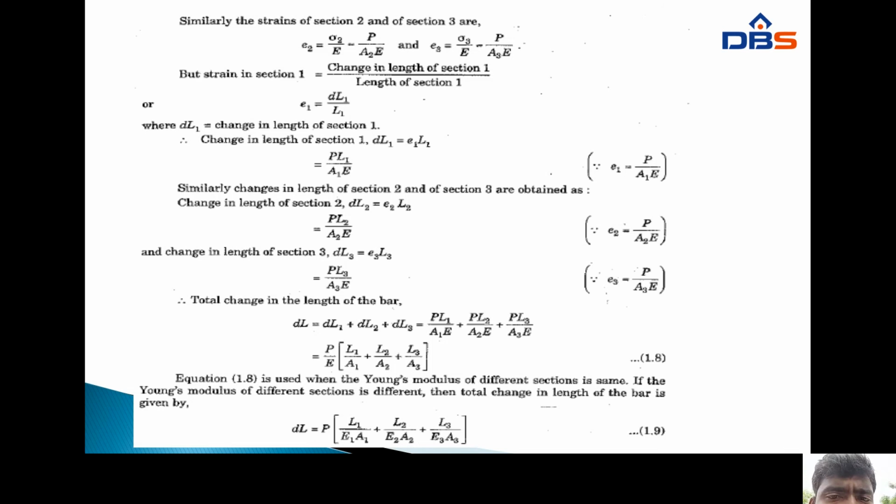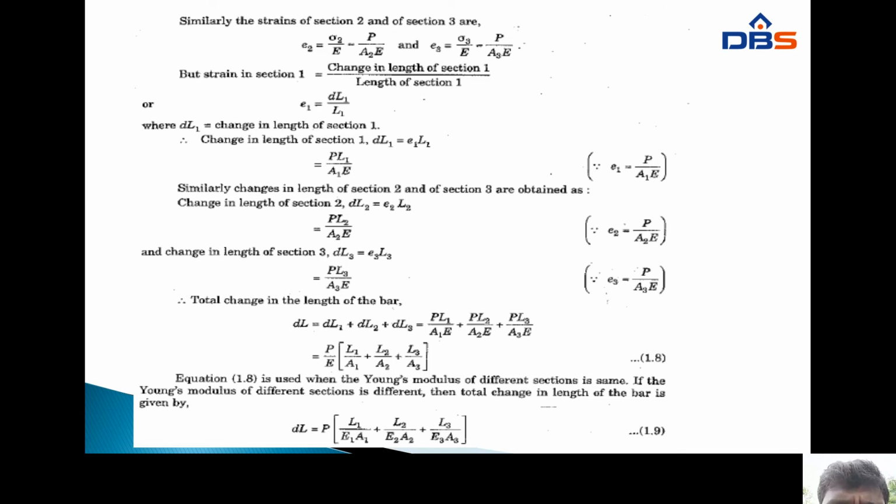Total change in length of the bar, dl, equals dl1 plus dl2 plus dl3, which is PL1 by A1E plus PL2 by A2E plus PL3 by A3E. In this equation, P and E are common terms, so dl equals P by E into L1 by A1 plus L2 by A2 plus L3 by A3.